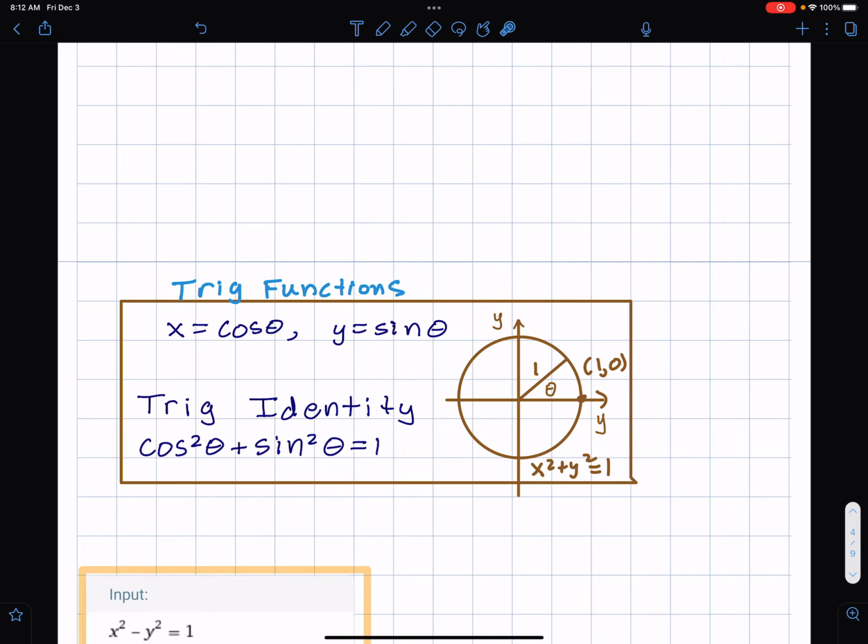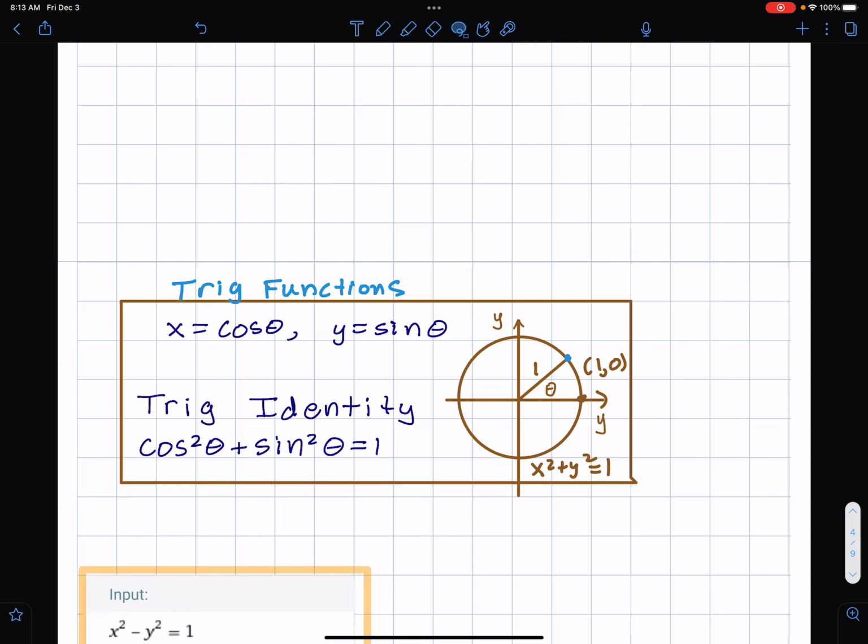And we also have the identity that cosine squared theta plus sine squared theta is equal to 1. But anyway, if I define x equals cosine theta, y equals sine theta on the unit circle, then I have a point, which is what we do on the unit circle.